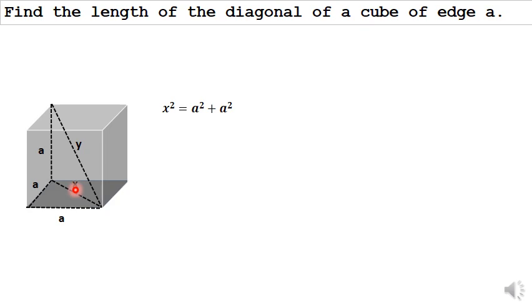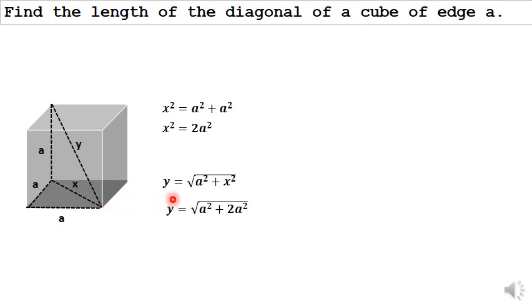The x may be computed using the Pythagorean formula, and we have x squared equal to this value. Since we now have the value of x squared, we may proceed in determining the value of y. Using the same Pythagorean formula, we have a squared plus x squared. Extract its square root, then that will be our y.